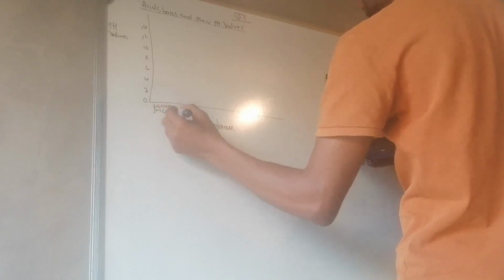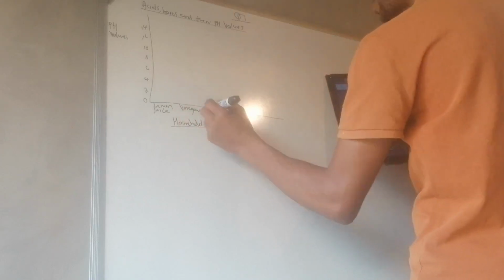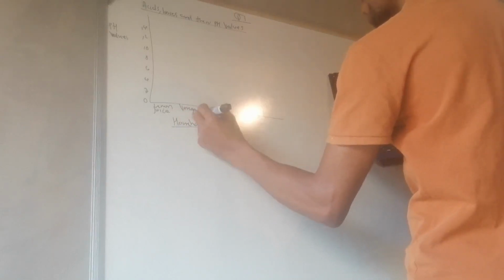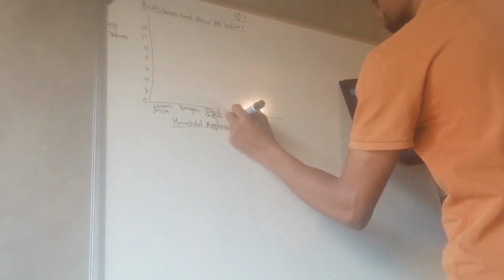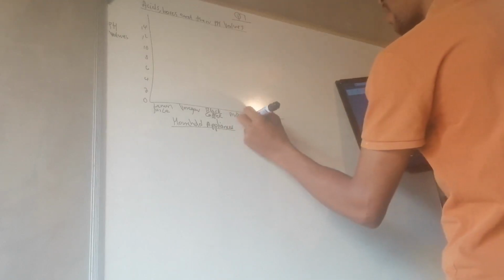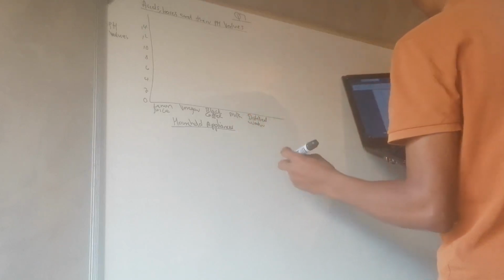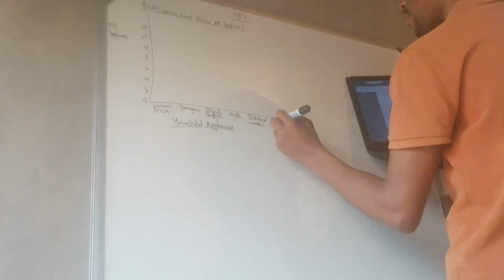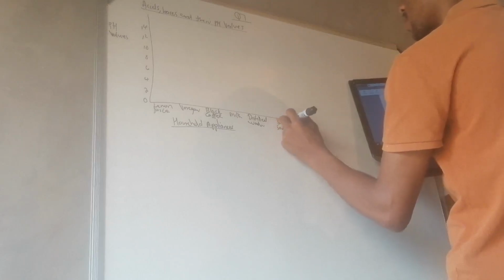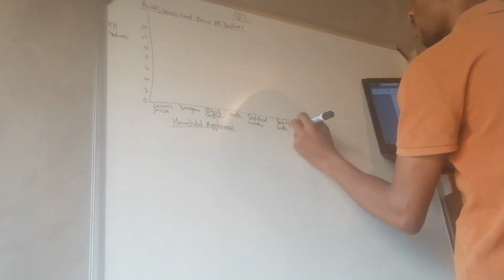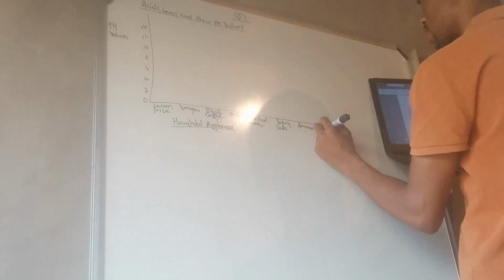Here we have lemon juice, vinegar, black coffee, milk, distilled water, baking soda, ammonia, and lastly we have bleach.